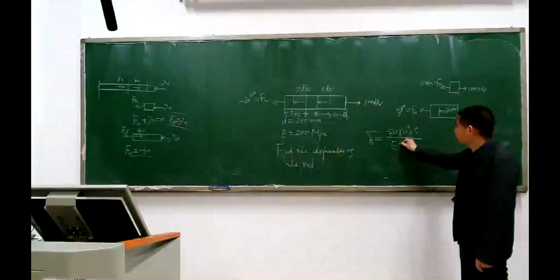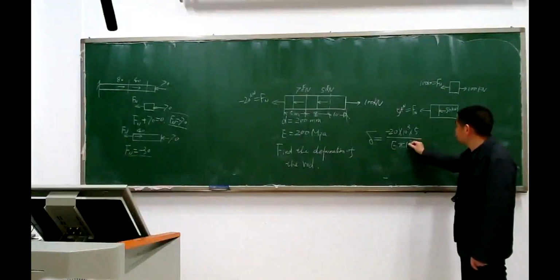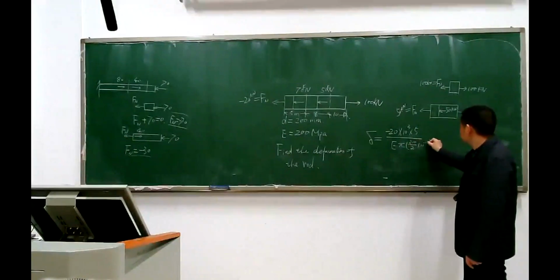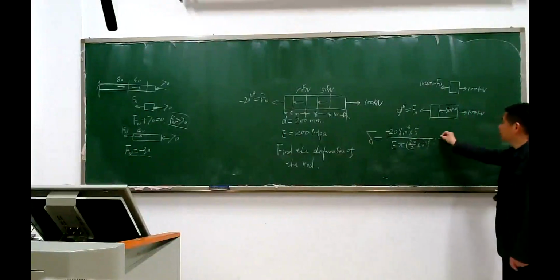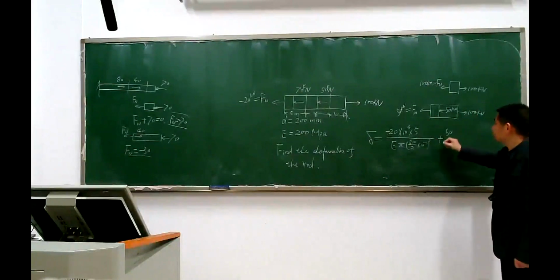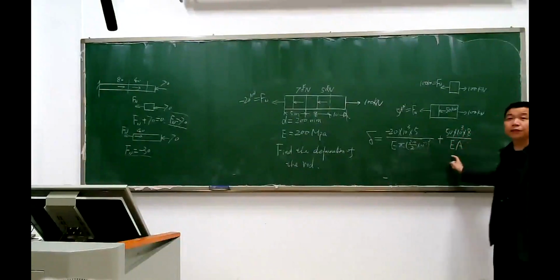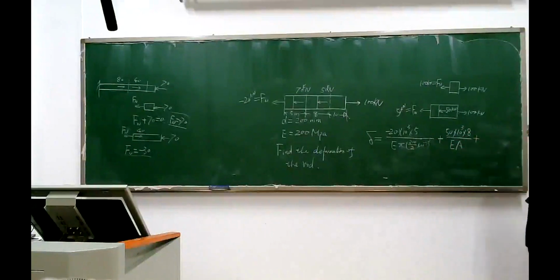A is pi times half of 200 squared. EA is the same, times 100, 10 meter over EA.